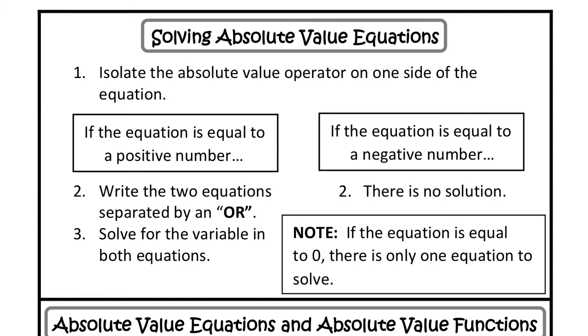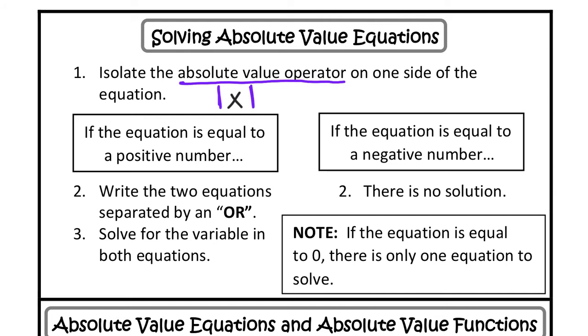So we want to get the operator, the portion that has the two bars, this is the absolute value operator, by itself. And then we have two situations here. I'm going to color code them.